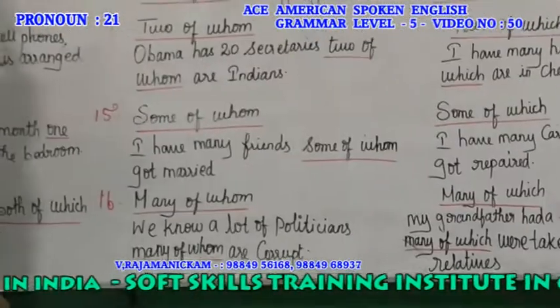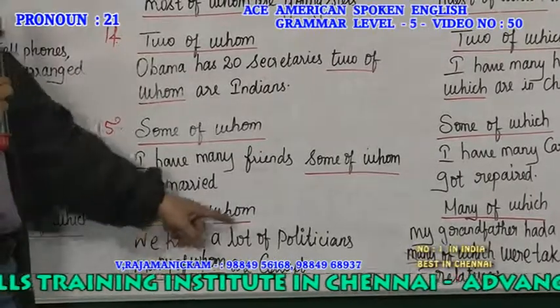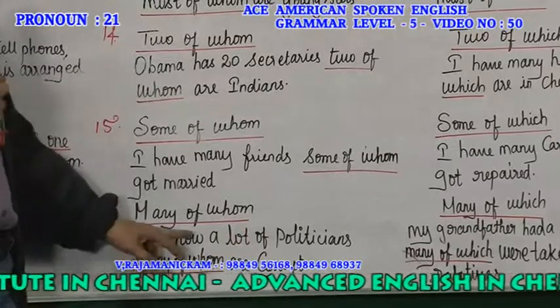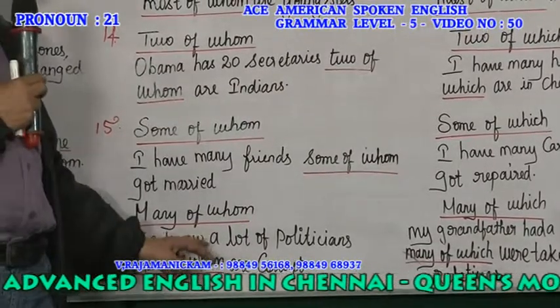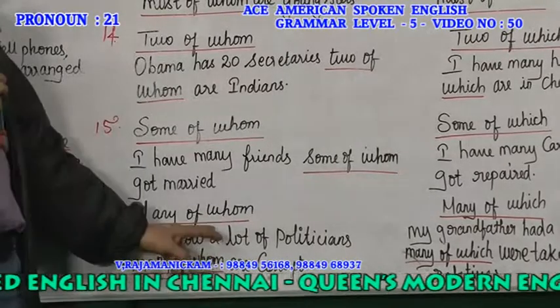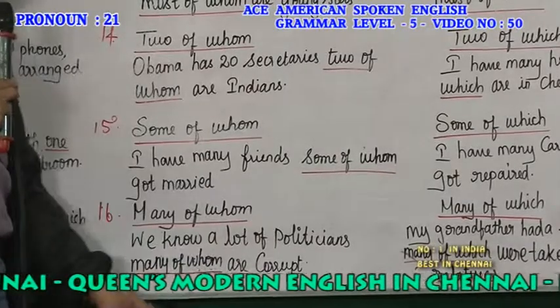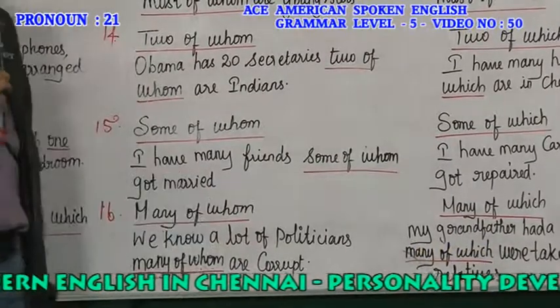Next coming here. Many of whom. We know a lot of politicians. So we becomes the subject, know becomes the verb. Know whom? Who? A lot of politicians. You ask a question, who, and you get the answer, a lot of politicians. You want to mention the politicians, so you are using whom. Many of whom. So whom stands for politicians.